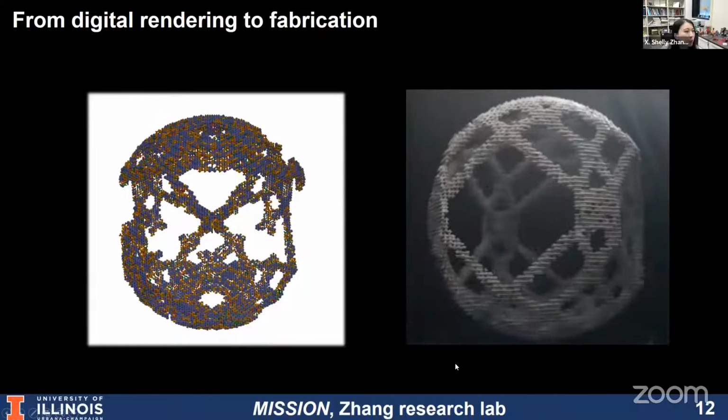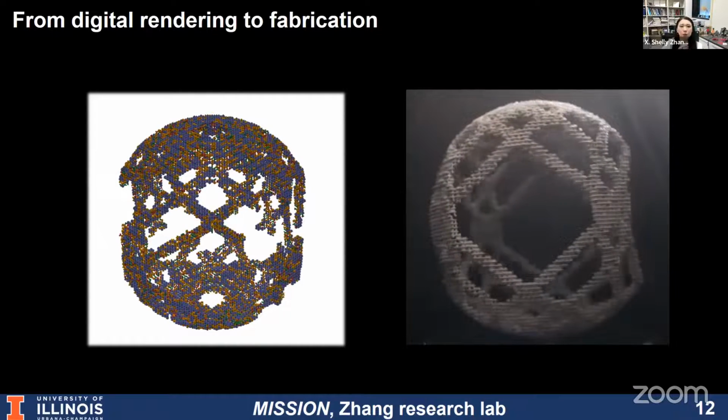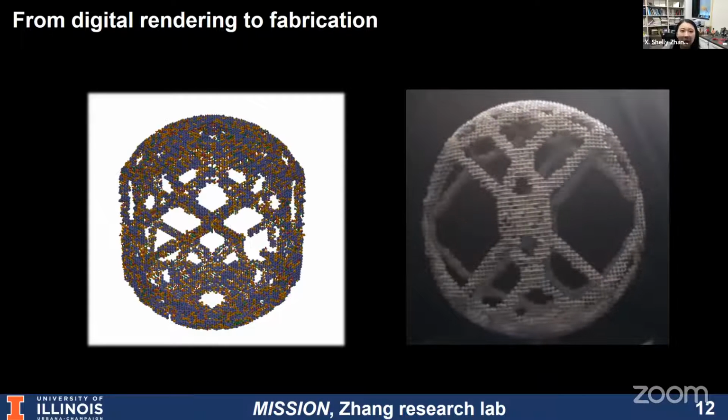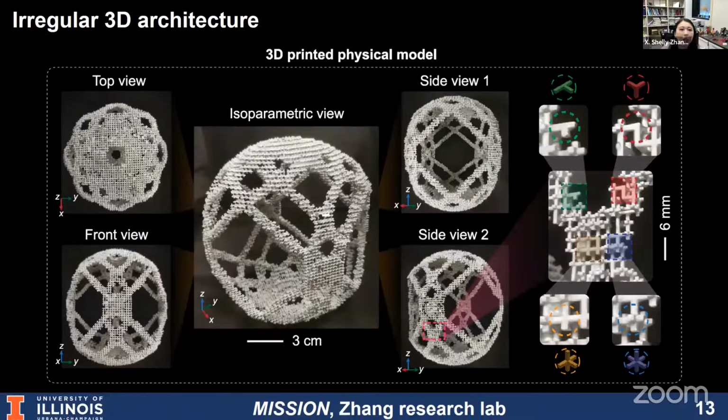And we also 3D printed the structure just to demonstrate that it can indeed be fully connected, and we can obtain the structure without too much effort, because each building block can help us to ensure the minimum length scale. And here are some zoom-in views or different views for the irregular 3D architecture, and we identify this building block from some local location, each of these 4 types.